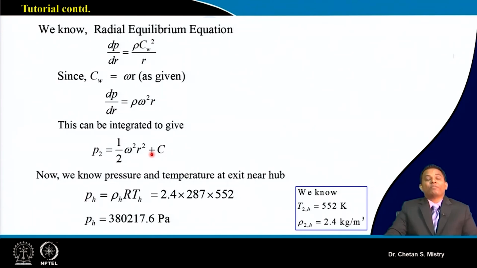So by using our perfect gas equation, P equal to rho R into T, that will give me my static pressure at the hub. Be careful, everything we are writing is at the hub. Now this is known to me.